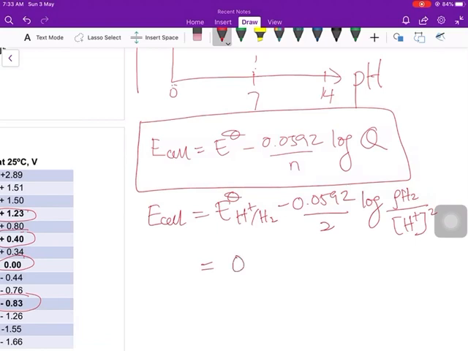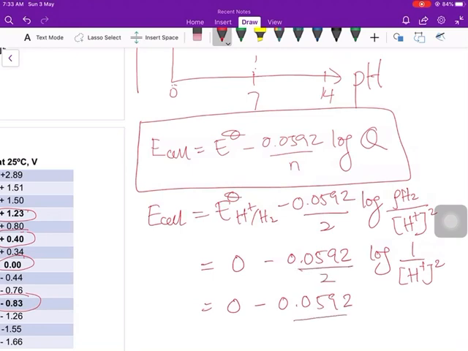The standard is 0 volt for hydrogen ion to hydrogen gas without oxygen. So this is 0 minus 0.0592 over 2 times log 1 over H to the power of 2. Log 1 over H is pH, so this is 2 pH.